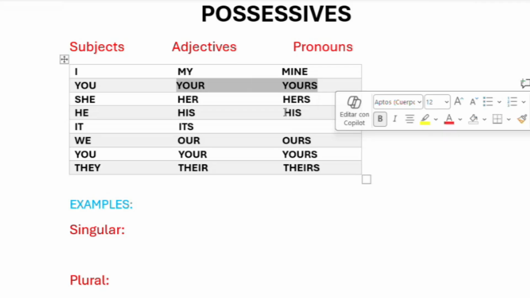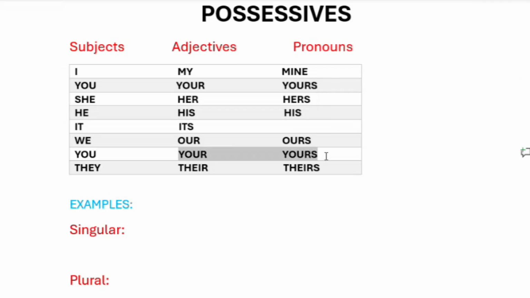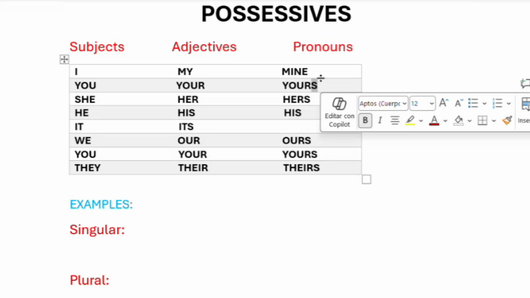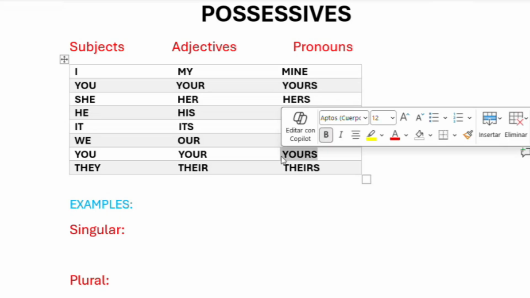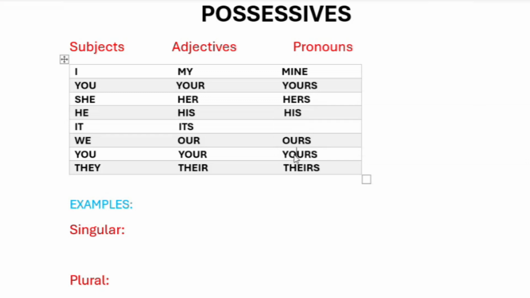Remember, this is in a singular form and these are in plural form with the s here. That is the difference. Continue with yours: something belongs to you, singular or plural. As I told you before, use yours instead of your plus noun. It also depends on the context, if you are talking singular or plural.